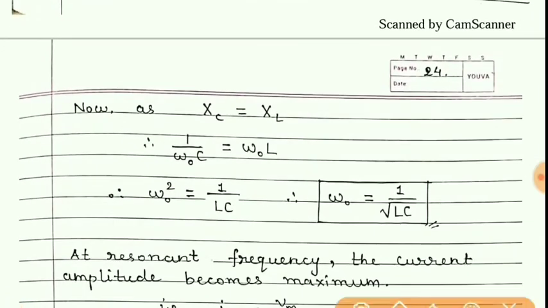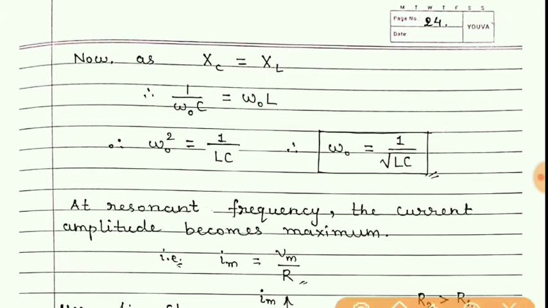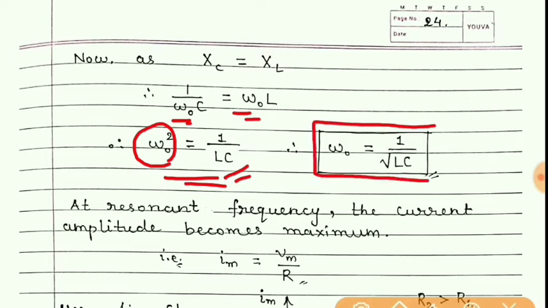Now when Xc is equal to XL, 1 upon omega naught C is equal to omega naught L. This frequency is the resonant frequency, and we have simply equated the values of Xc and XL. Now making omega naught the subject, we get omega naught square is equal to 1 upon LC. Taking square root on both sides, we get omega naught is equal to 1 upon root of LC.